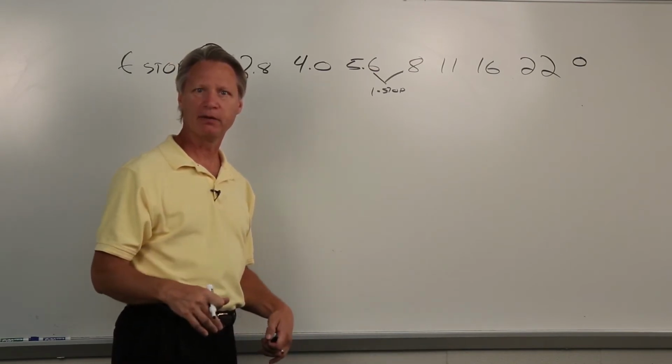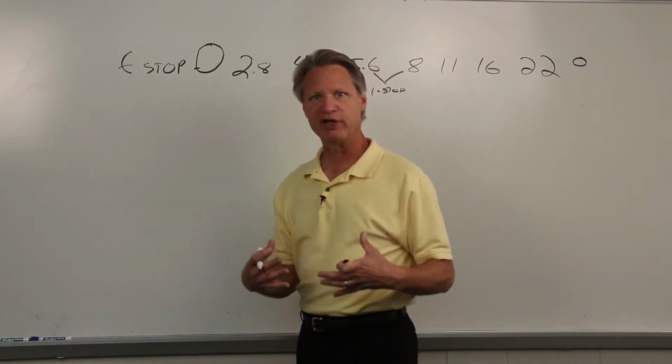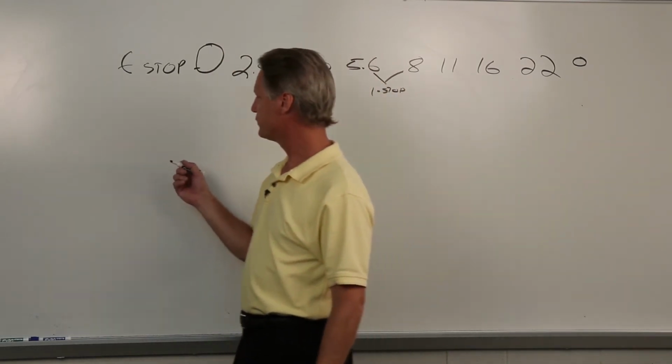Very simple. The next unit of light or unit of adjustment that we look at is called shutter speeds.